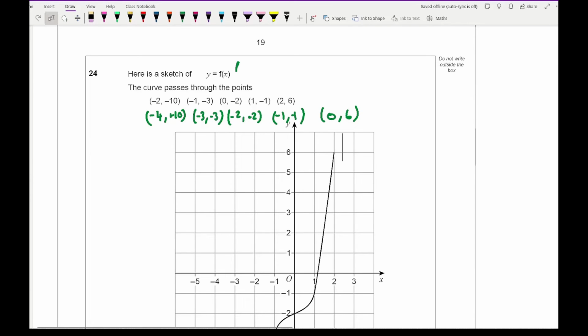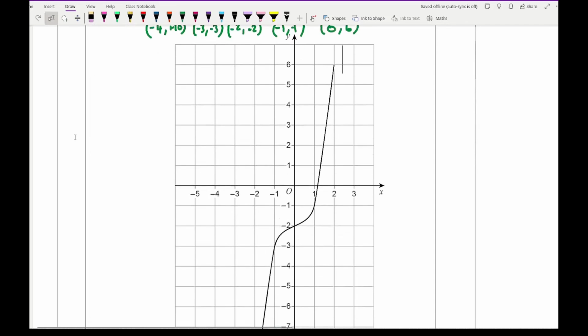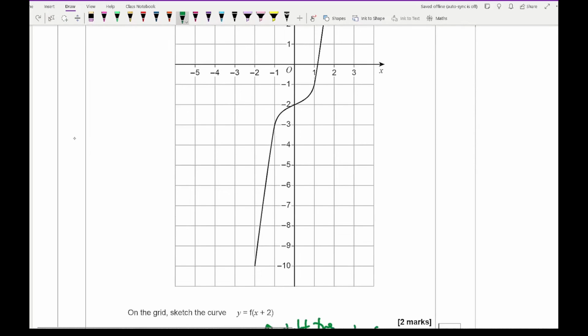So I've just taken away 2 from each of those. If I then plot these points, at -4 it's at -10, so that's here. At -3, it's going to be here. At 1, oh no, I've missed that one, that should be there. And at this one, it should be here. Let me just get rid of that point there. Then at 1, it should be here.